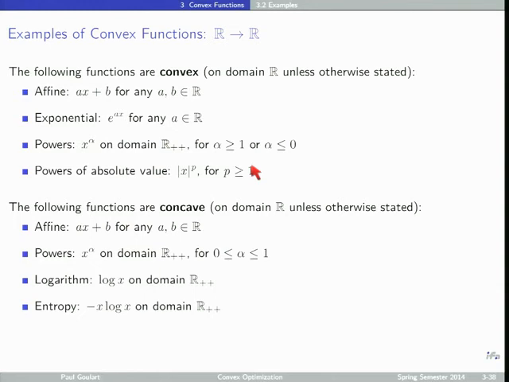And then we can also say functions that are concave, okay? But concave just means that if I change the sign, it's convex. And so I have, not surprisingly, similar-looking examples. And the one that I want to point out to you is this one, which is not a mistake because it's here, but then it's also here. Because a linear function is the only function that's both convex and concave. So if I think about a linear function, I want to know, is it curving upwards to be convex?